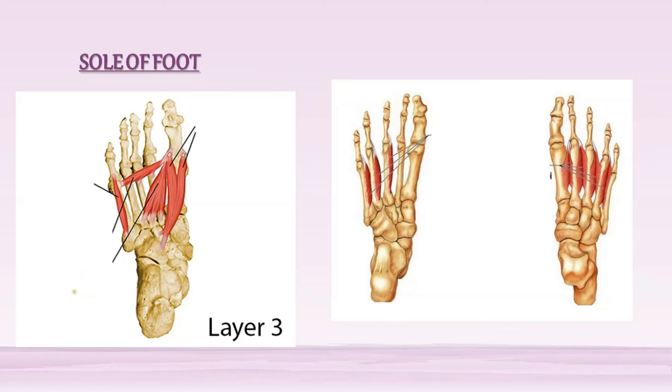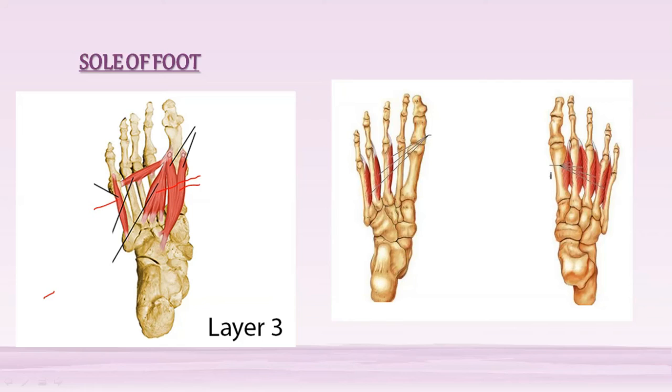In the third layer, again three muscles are present. The first is flexor hallucis brevis. The second is adductor hallucis, and the third is flexor digiti minimi brevis.